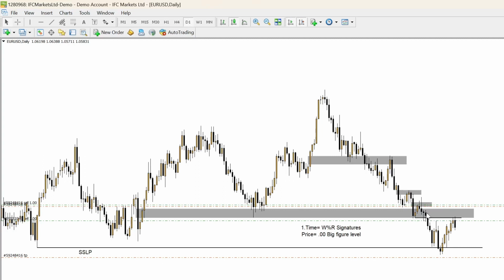When these two overlap, time and price, it gives you a visual representation, a fractal, to confirm what price levels and at what time the banks are going to accumulate orders.